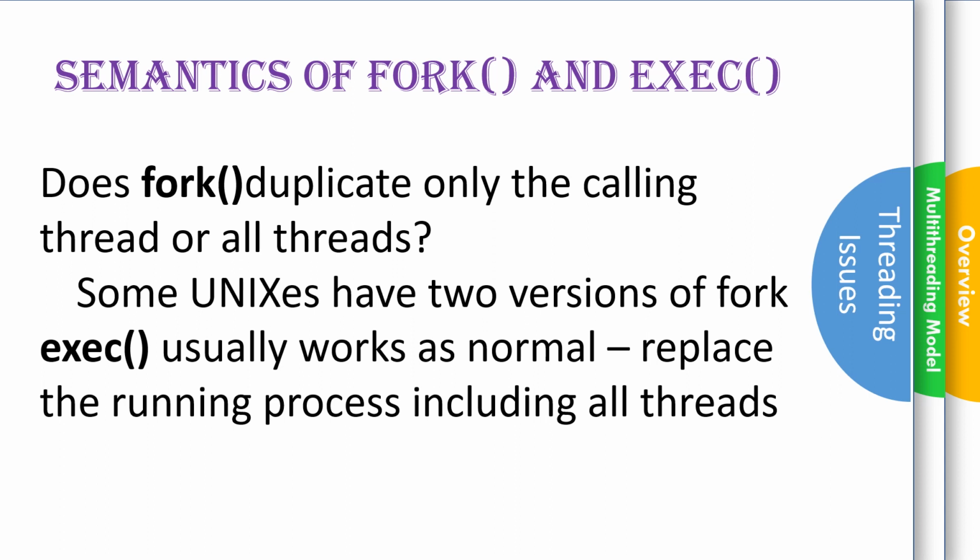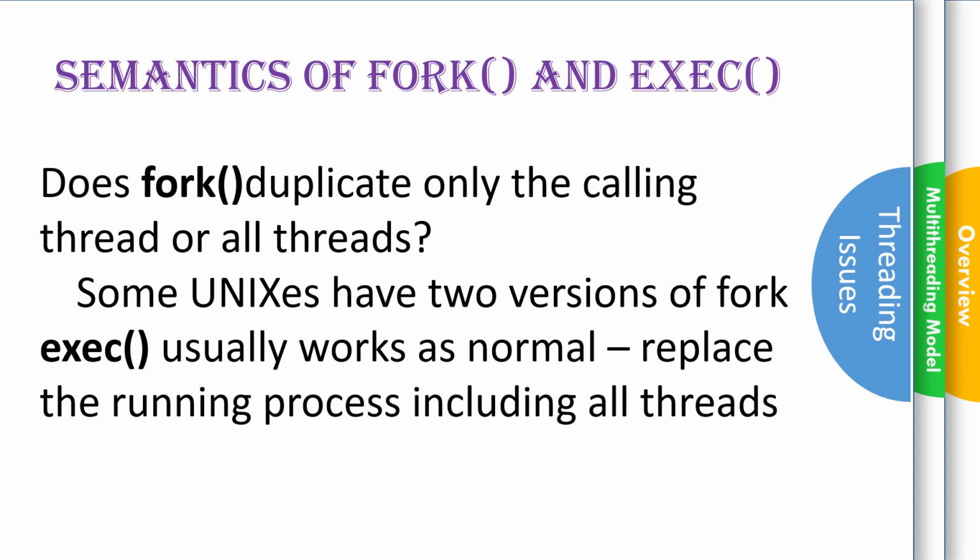Now the question that remains is which fork to call: whether the single thread duplication fork should be called, or the entire process duplication fork should be called. The answer depends on when you're going to make the exec call. If you are going to make the exec call immediately, then there is no point in duplicating all the threads.